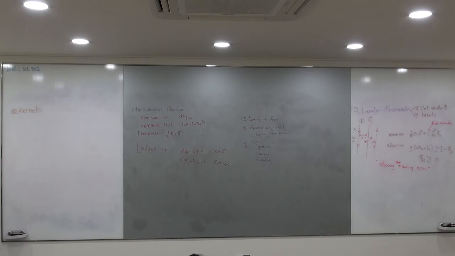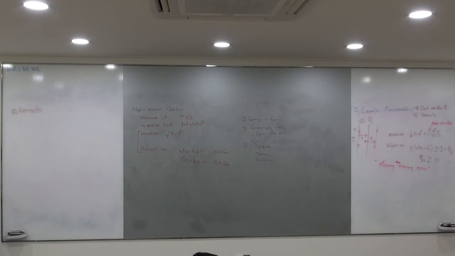Kernels, as support vector machine is one of the most important algorithms in machine learning, kernels are also one of the most important concepts in machine learning. There was a really big boom in kernels around 2000 that actually coincided with the boom of support vector machine.